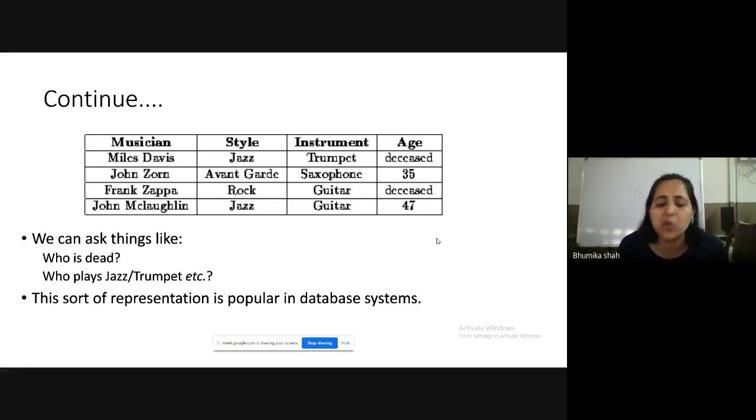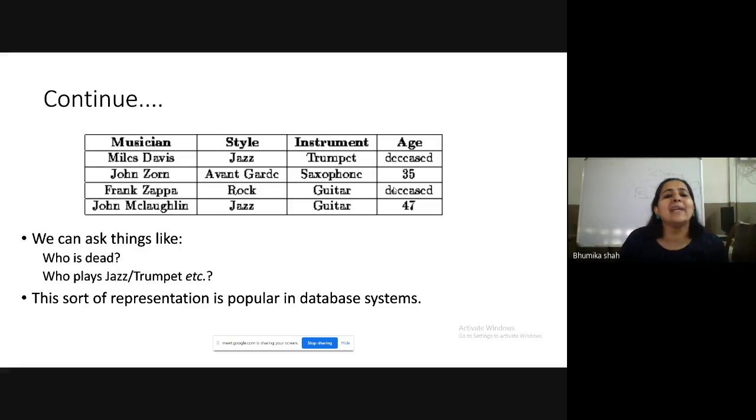Okay, so what kind of questions we can ask, what kind of answers we can get from this? We cannot infer new knowledge easily out of this because it is very simple and basic. But still you can get certain simple questions answered. For example, who all are dead out of all these musicians? So you can see the first one and the third one, they are deceased. So they are the musicians who are already dead. Okay, who plays jazz or trumpet?